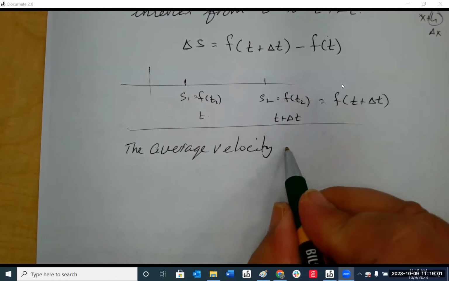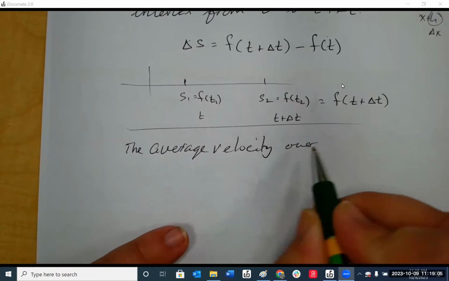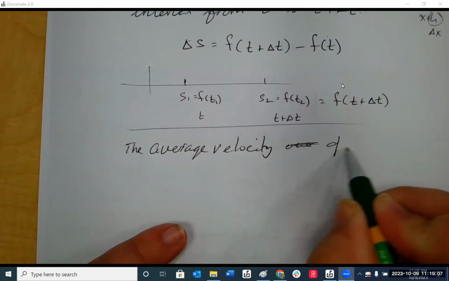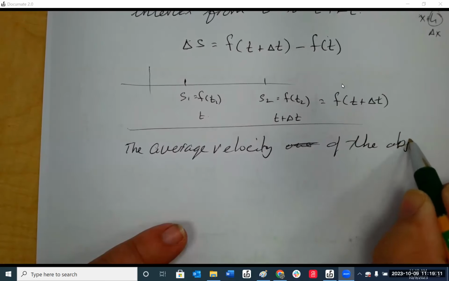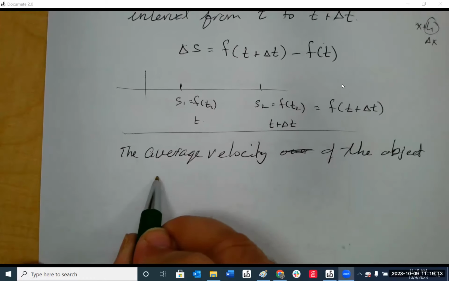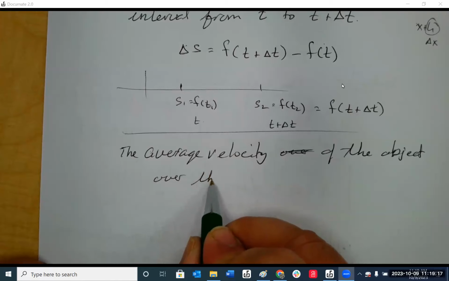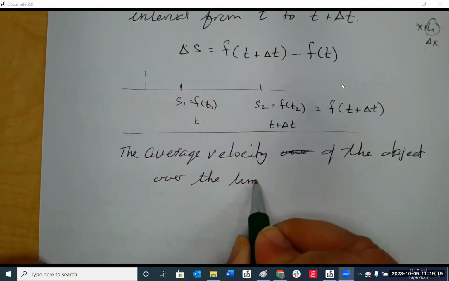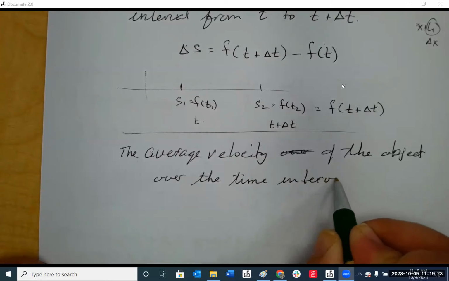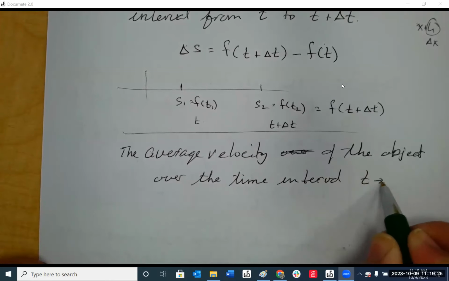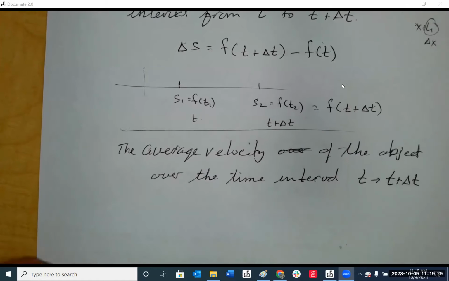Our average velocity of the object over time interval t to t plus delta t.